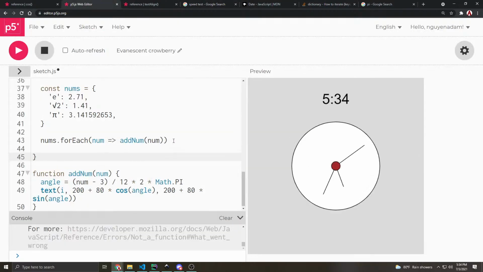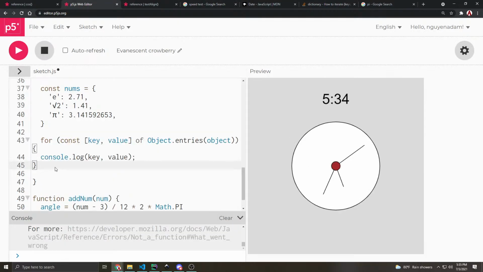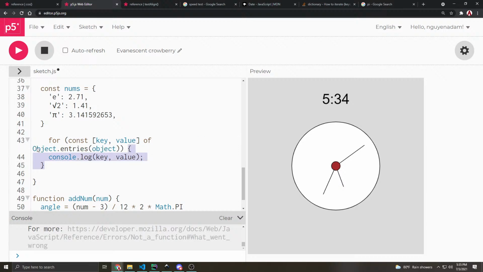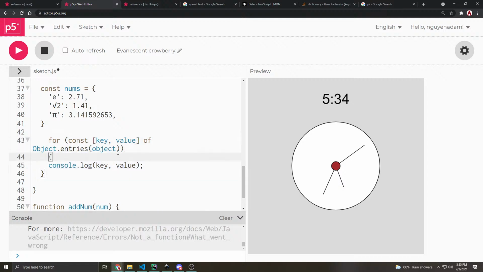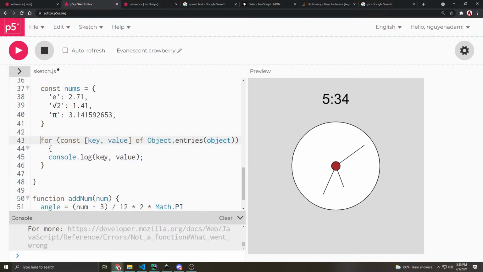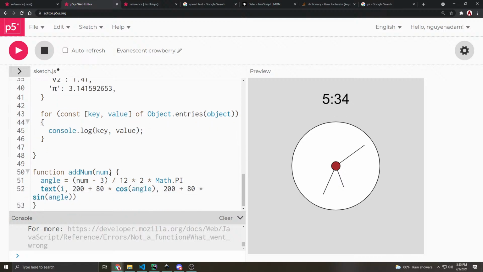Oh my goodness! What did I just do? Oh, it's the weird indentation thing. Okay. So we have nums actually value, which by default.